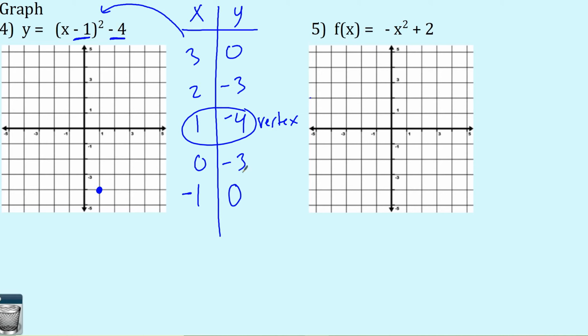The reason I was freaking out thinking I had the wrong answer is because, if you hadn't noticed yet, once you find your vertex, the y values around it should match. So if I went up 1, down 1, these values should repeat themselves. That's why I knew I was doing something wrong. So we have 0, -3, -1, 0, 3, 0.